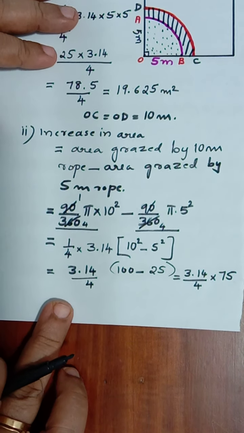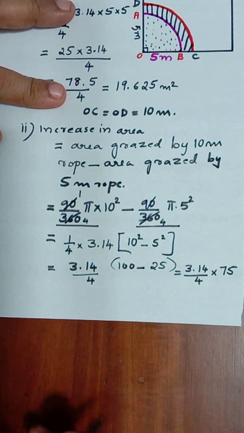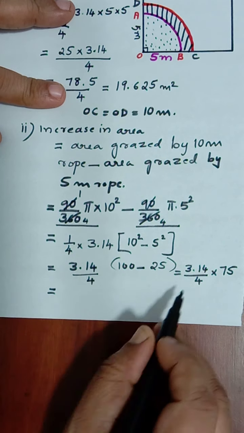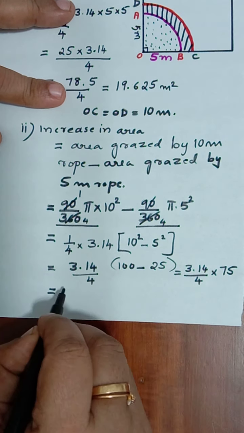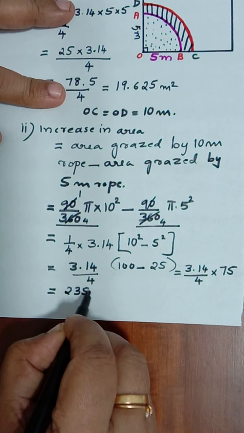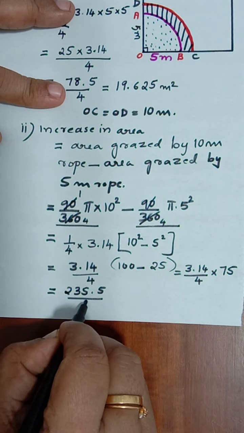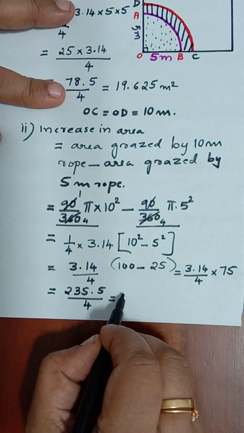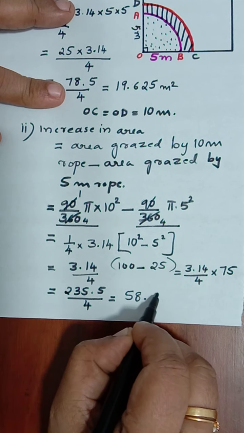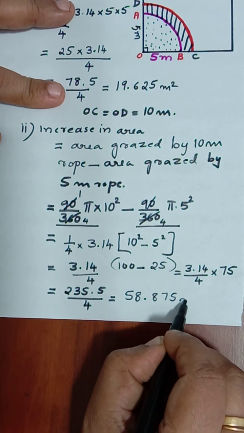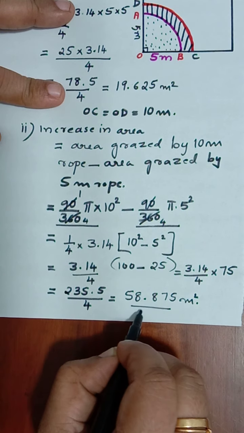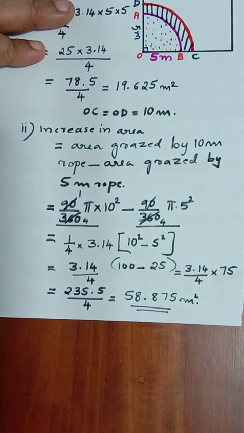Then we will divide it by 4. So multiply 3.14 into 75 becomes 235.5 divided by 4. Divided, we will be getting the answer 58.875 meter square. Area always in square unit. Hope you understood.